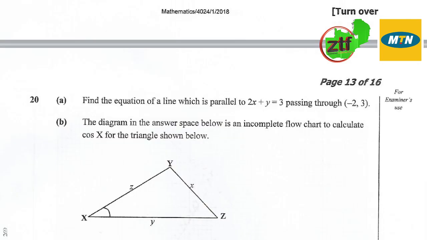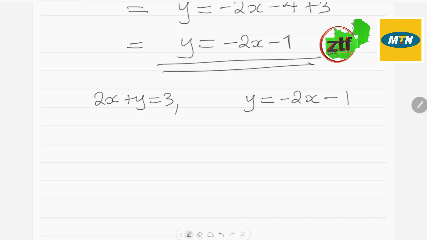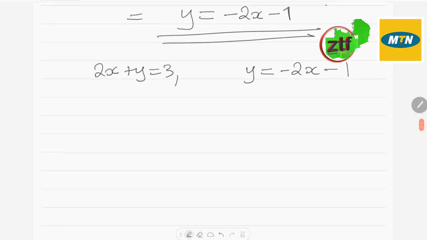I want you to see it clearly, so that even when you're talking about parallel lines with your friends, you understand exactly what we are talking about. When we rearranged this in standard form, we had y equals, we transposed this to the other side, so we have negative 2x plus 3.